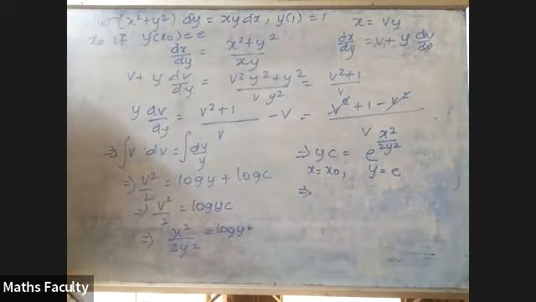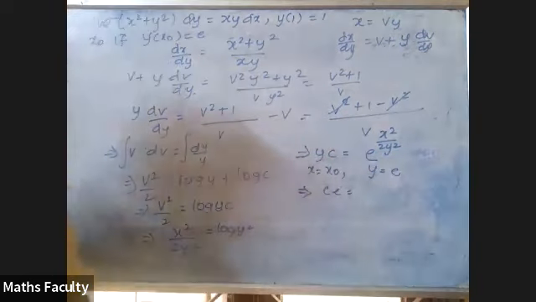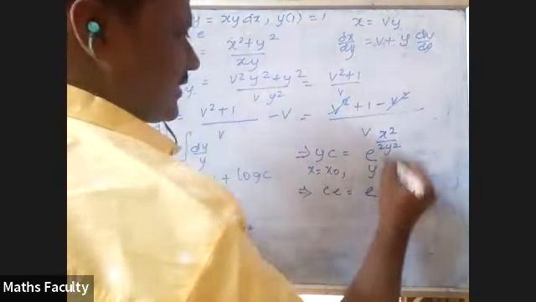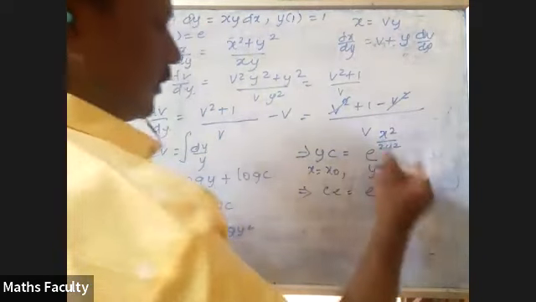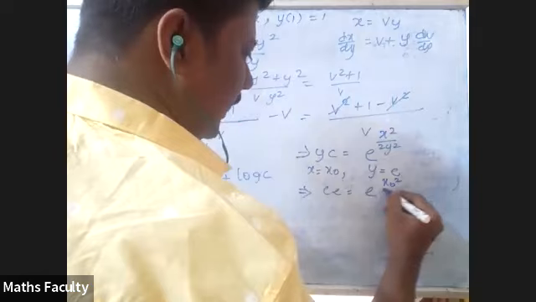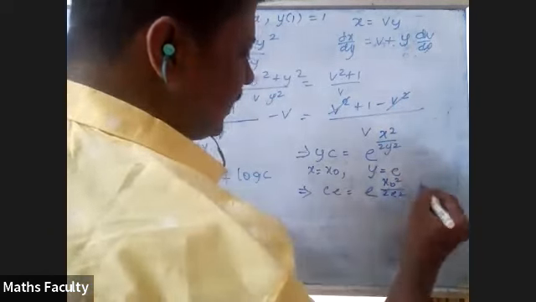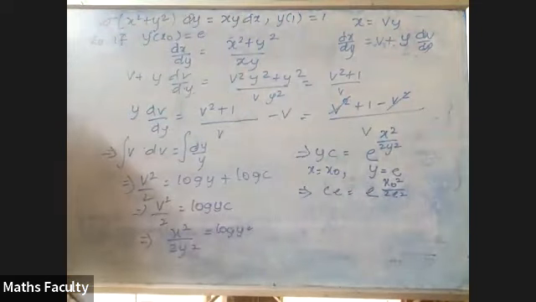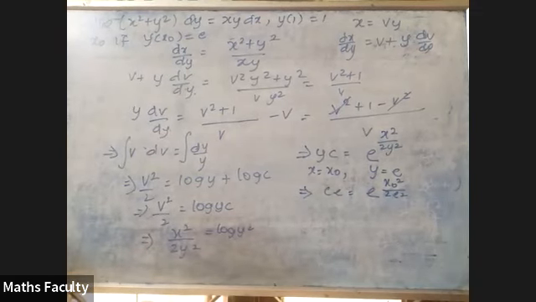So I have to find y into c, e into c, which is equals to ce power x is equals to x naught. Please listen carefully. Your x is equals to x naught. I can write this as x naught square divided by 2y square, that is, instead of y, I can write e, so 2e square. Clear? Correct? So you can write this as e power x naught square divided by 2e square.